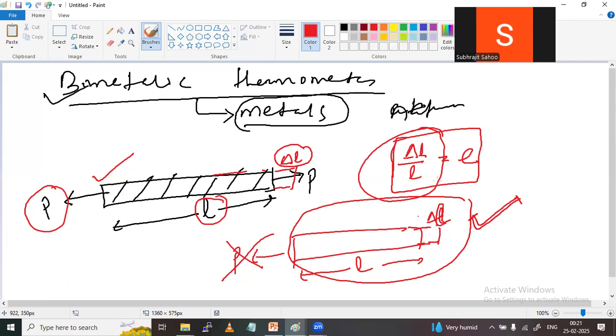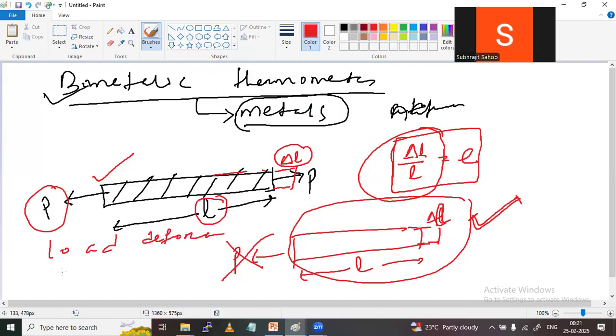So in nature there are materials very sensitive to temperature, and load is not required; deformation happens automatically. So we drew two conclusions. First, by applying load, deformation can happen.